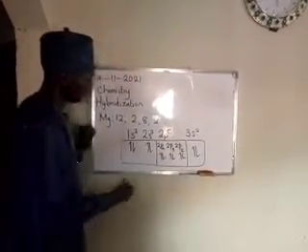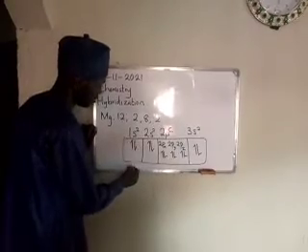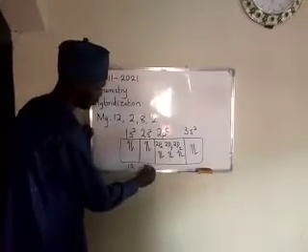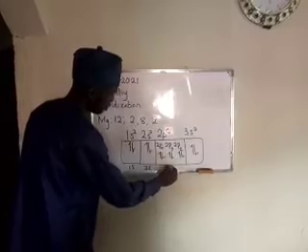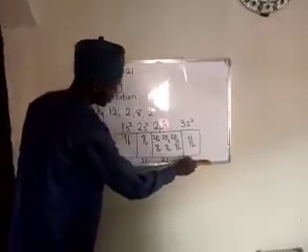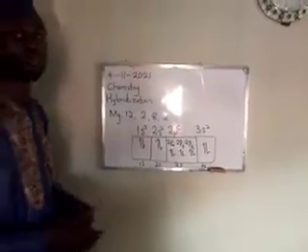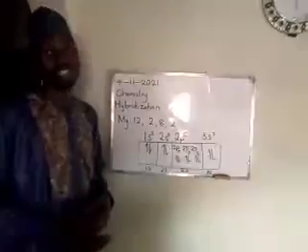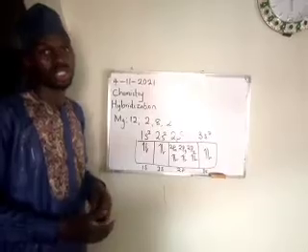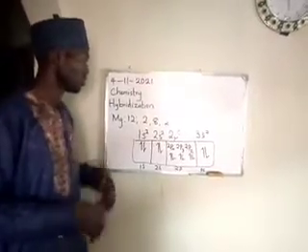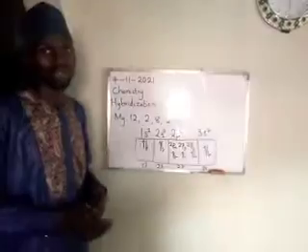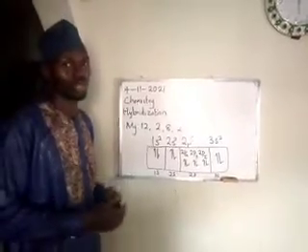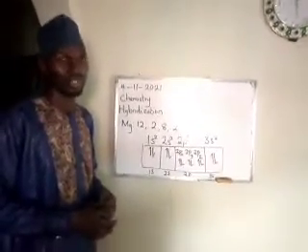This is 1s, this is 2s, this is 2p, and this is 3s. So you can try the remaining elements in the periodic table so that you get yourself on track. You understand? So this is example 1.